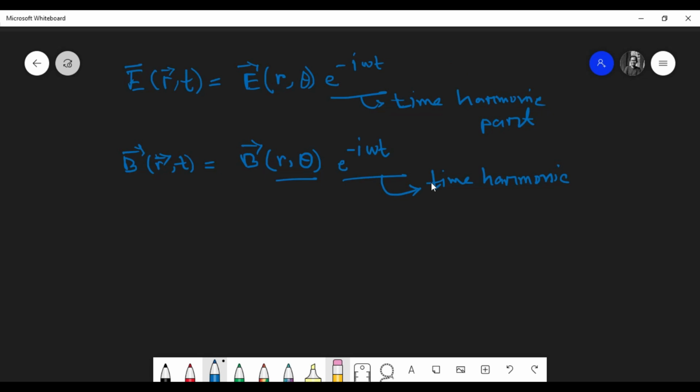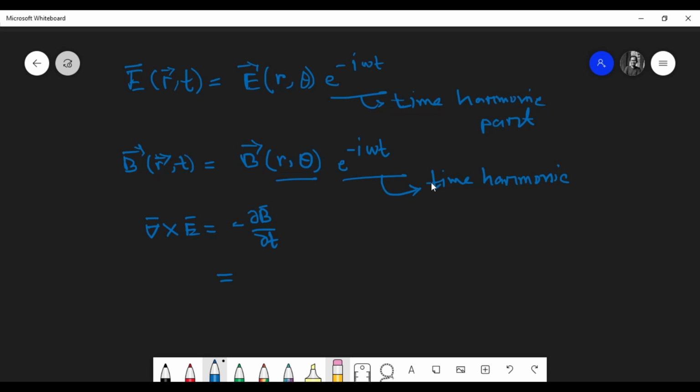Now, for time harmonic electric and magnetic fields, the Maxwell equation for the curl of the electric field is like this. As you can see, there is an exponential dependence on time here.